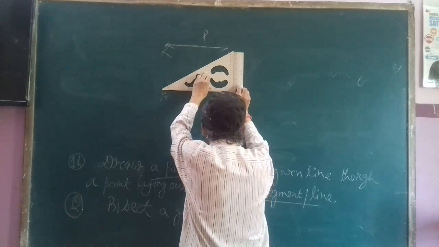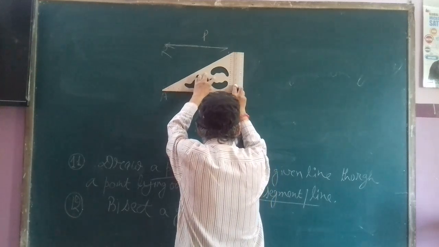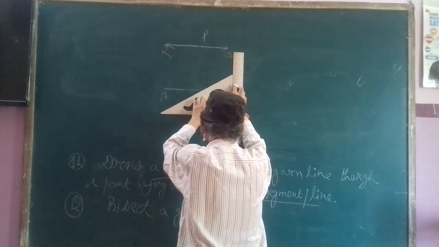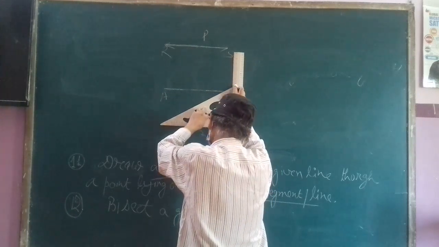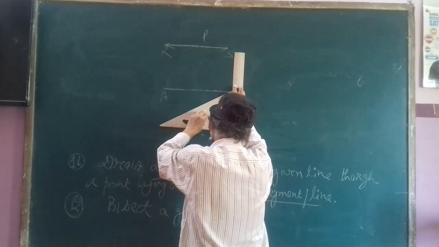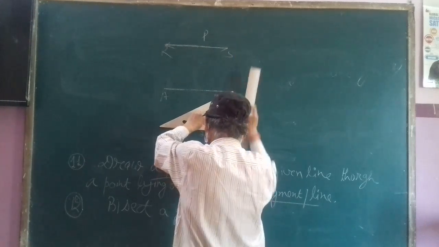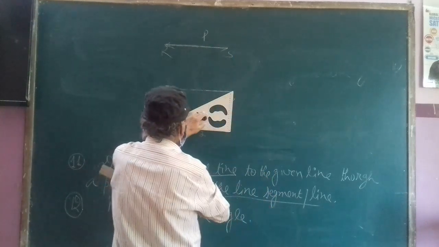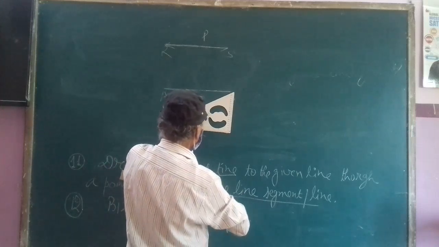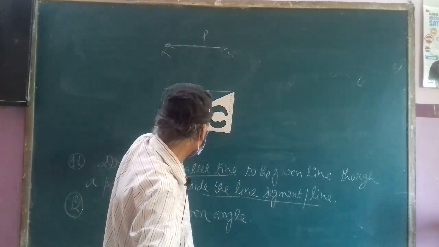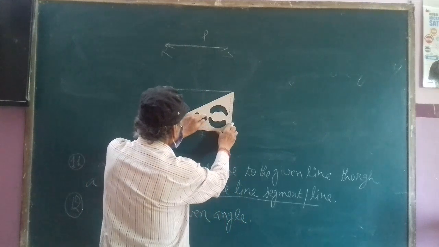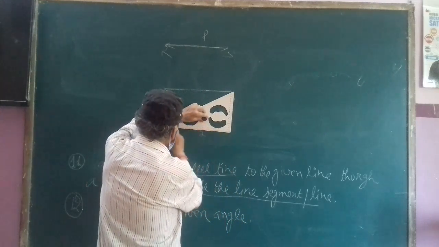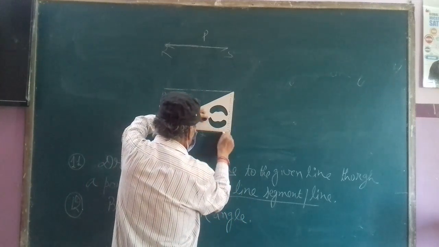Now you have to press with your right hand and slide it downwards. As soon as you reach Q, you make a straight line. See that their position should not be disturbed. So you can make a line, and this will be parallel to AB.